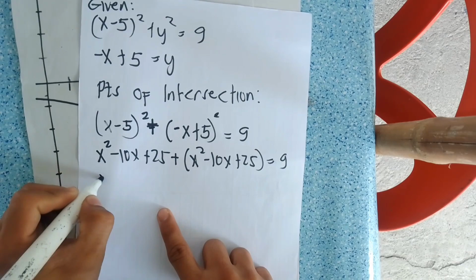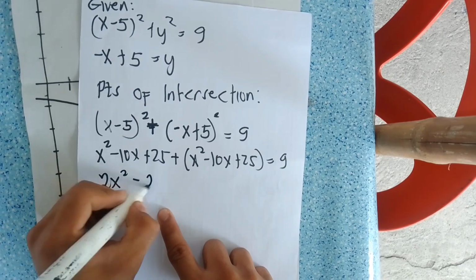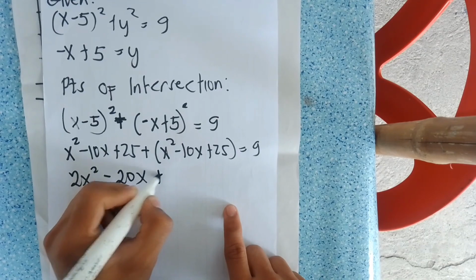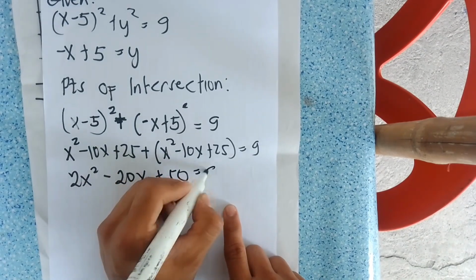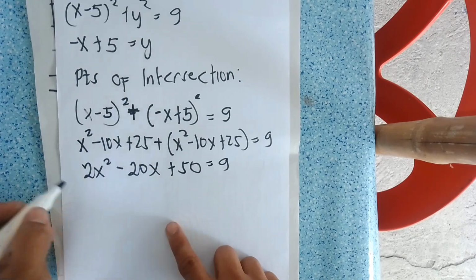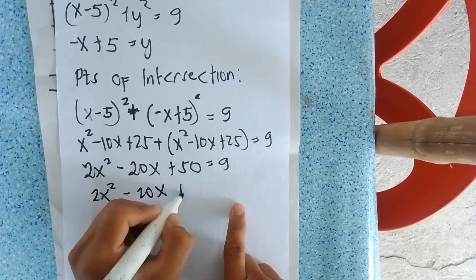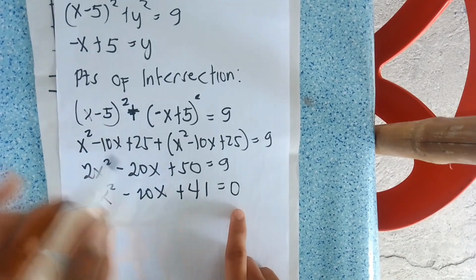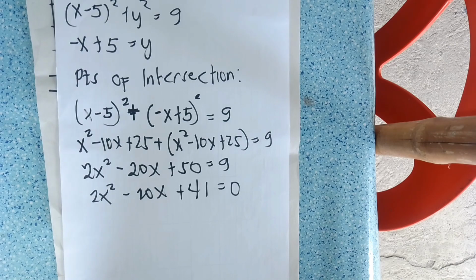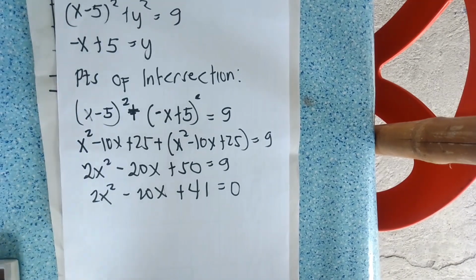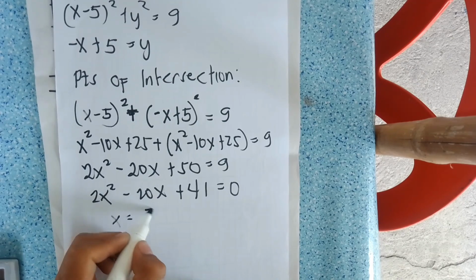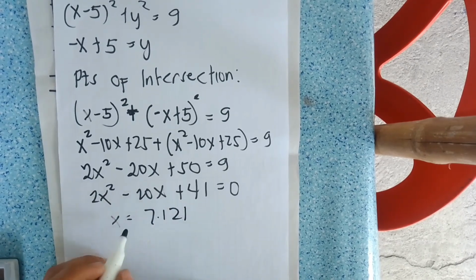So 2x squared minus 20x plus 50 is equal to 9. Transposing the 9, we'll get 2x squared minus 20x plus 41 is equal to 0. And using the calculator, mode 5, equation 3, we'll get x is 7.121 and another x is 2.88.